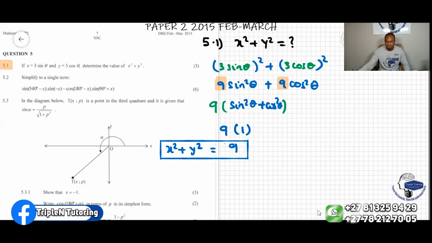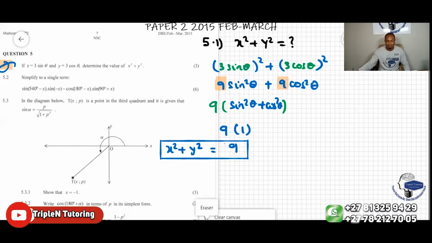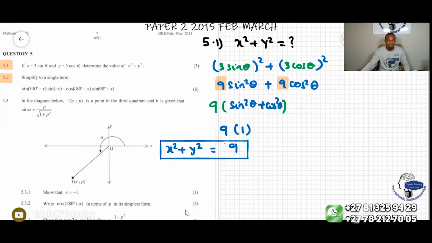All right, the following question says simplify to a single term.